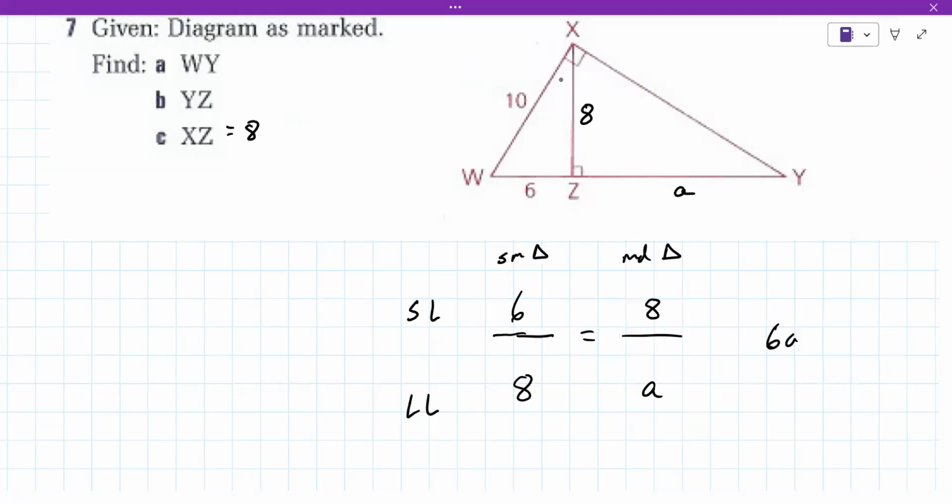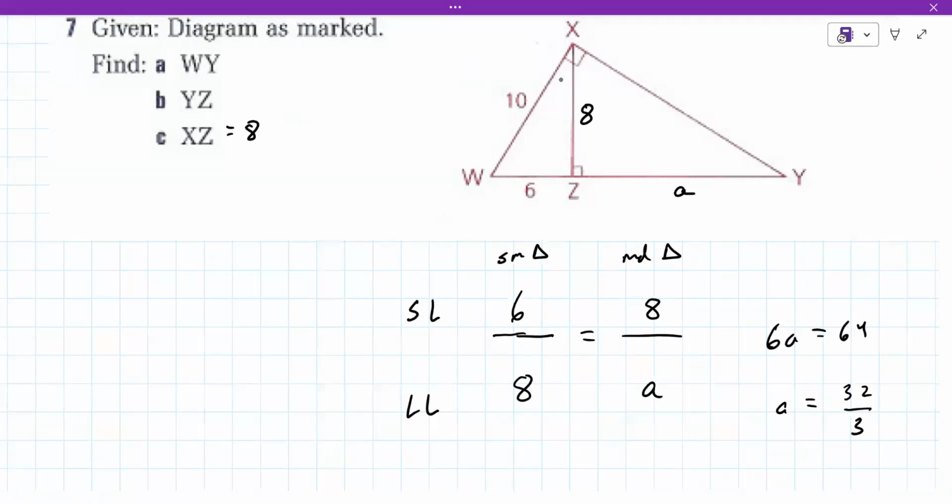I got 6A equals 64. Oh, yes, that's what it was. So A ends up being 32/3, which doesn't look great, but maybe it'll get better.